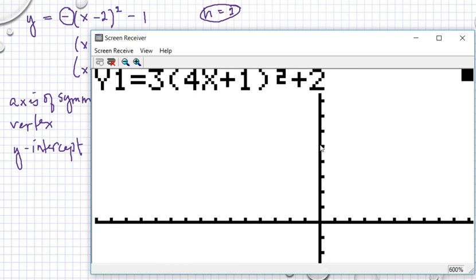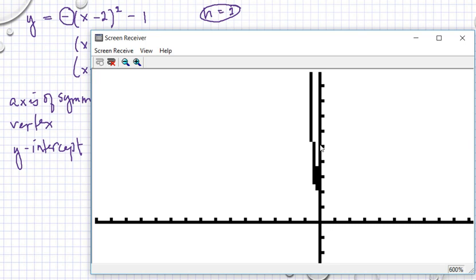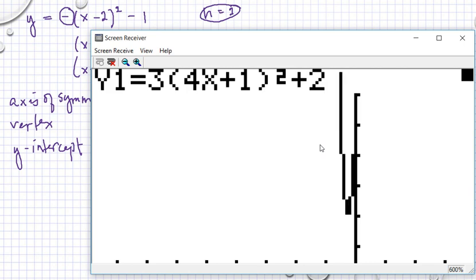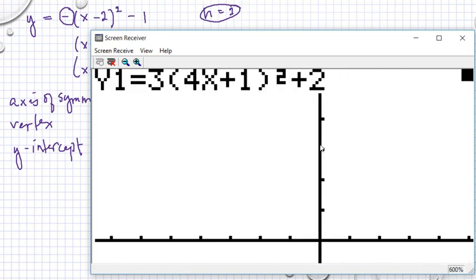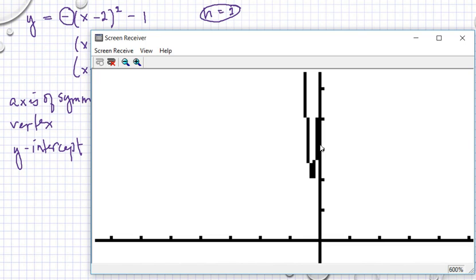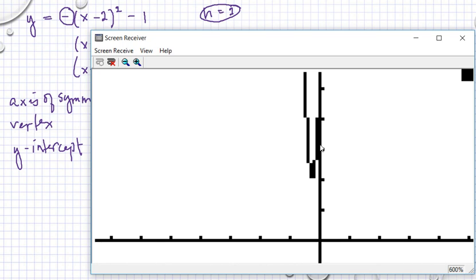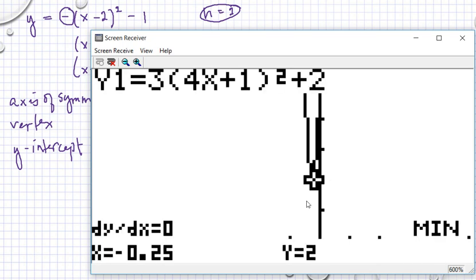If I'm going to make it bigger, as you can see, my lowest value for the y, my minimum, is 2. And for the x it is negative 0.25, because negative 1 divided by 4 is 0.25.